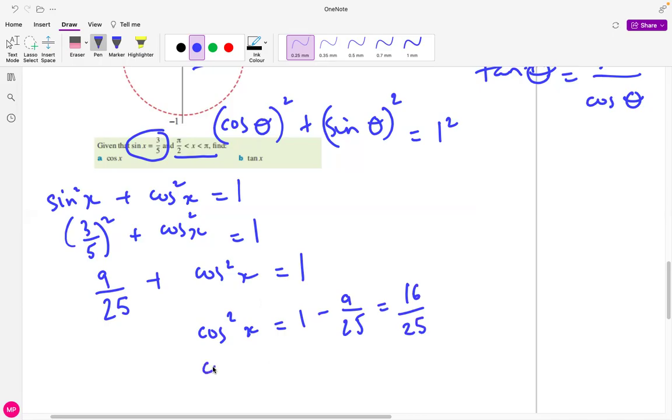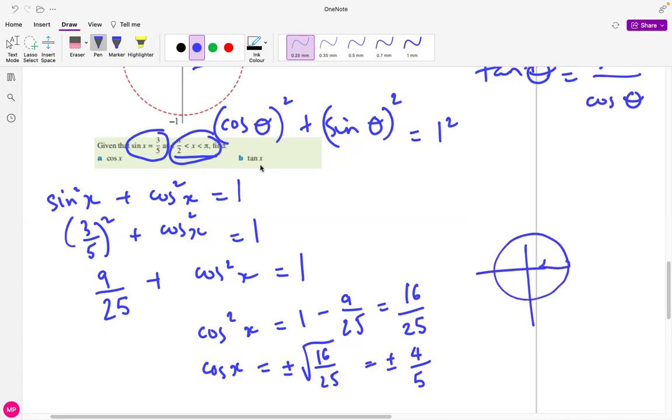Now, to get rid of the square, you're going to square root that. So you're going to write cos of x equals plus or minus root 16 over 25, which is plus or minus 4/5. Now you have to determine if it is plus or minus, and that depends on what you are given here, where they are. The angle, if I draw it out, they tell me it's between π and 2π. So π here and 2π here.